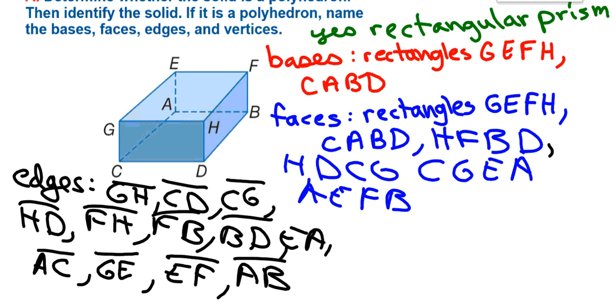Now we're going to go over the vertices. And the vertices are just all of those points that we've named with capital letters. So we'll say vertices. And go ahead and just tell me every vertex you see here. You don't even have to say the word.